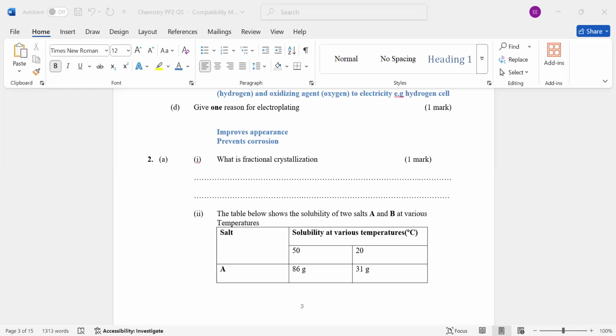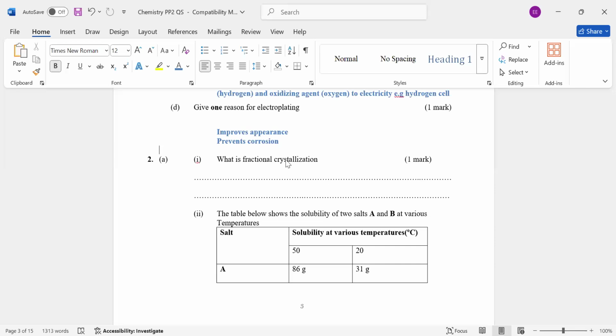Boiling points, correct. But what he has defined is fractional distillation, whereby you separate two miscible liquids which have different but close boiling points, correct.